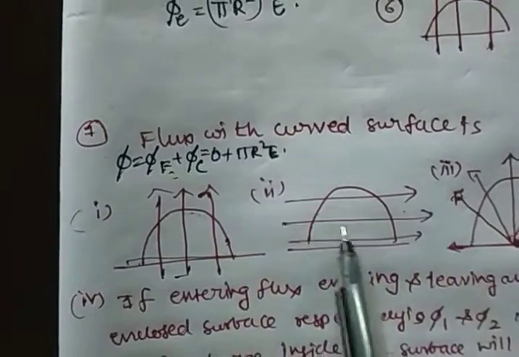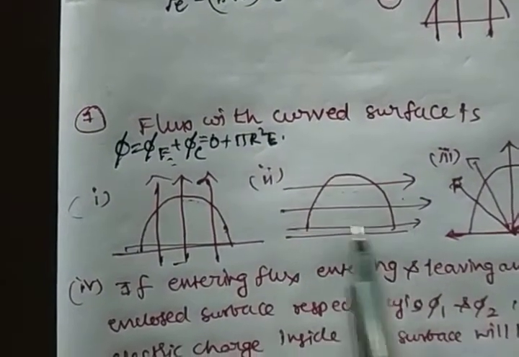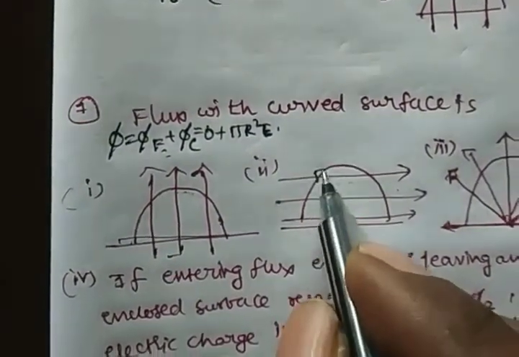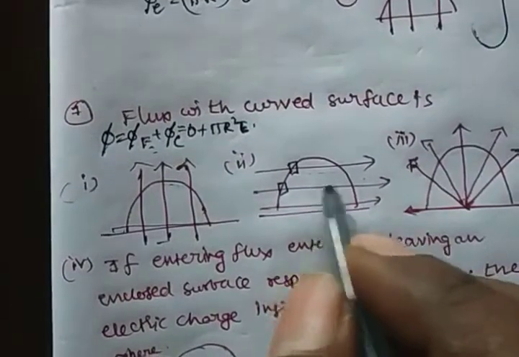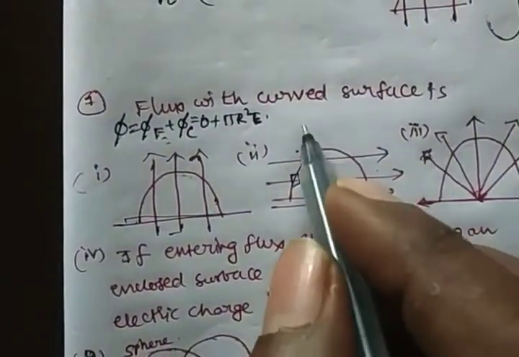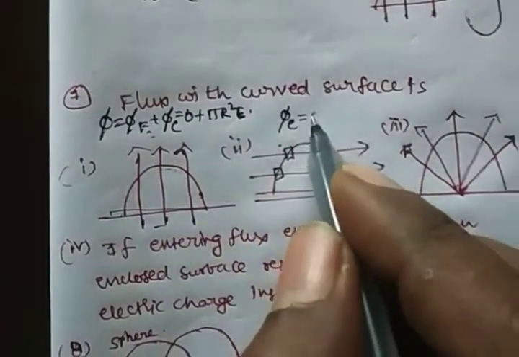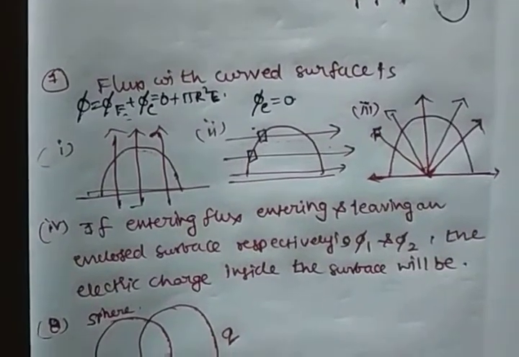Okay, but these lines of force are normal to the surface. If you consider a small element like this, normal to the surface means the surface elements are perpendicular, then the dot product becomes 0, so the electric flux becomes 0.